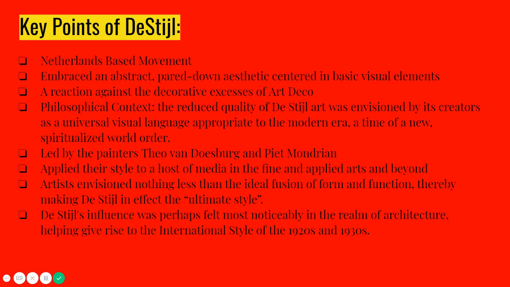So overall, the De Stijl movement really embraced an abstract form of art, and I would go as far as to say non-objective. Okay, it's a completely pared down aesthetic, and it is only based in very basic visual elements.